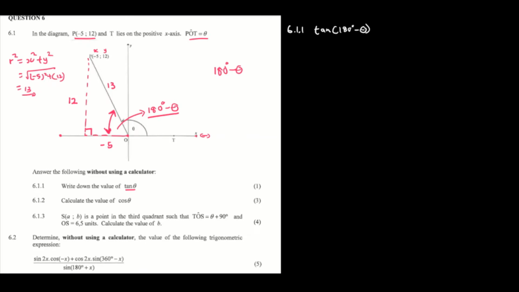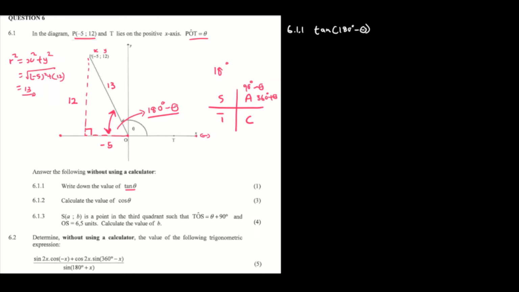We know very well that this is a CAST diagram. Oh sorry, we know very well that here it's going to be 90 degrees minus theta and 360 degrees plus theta.